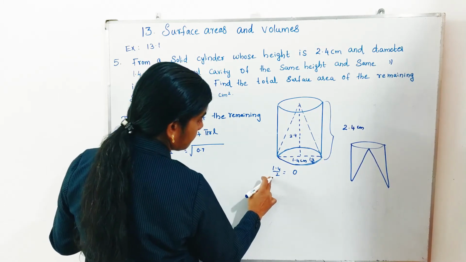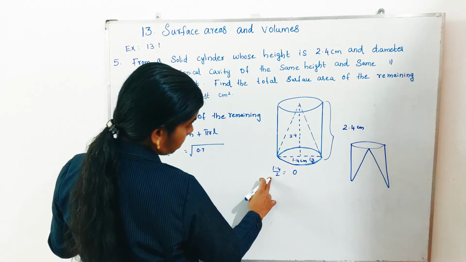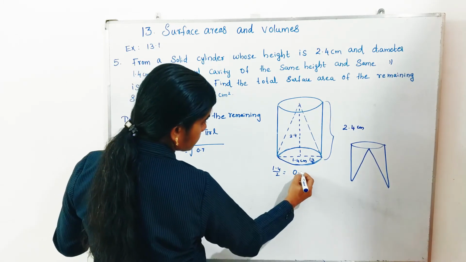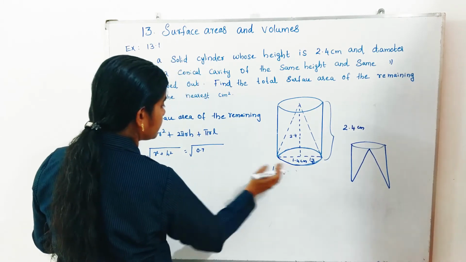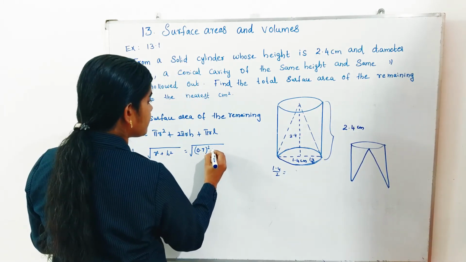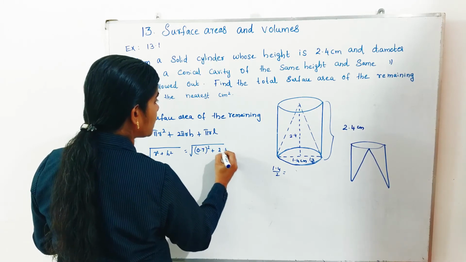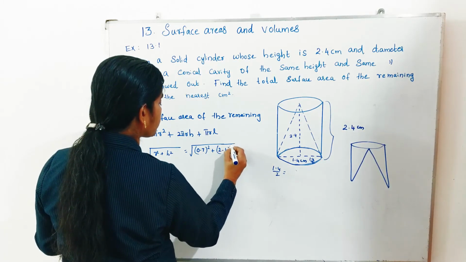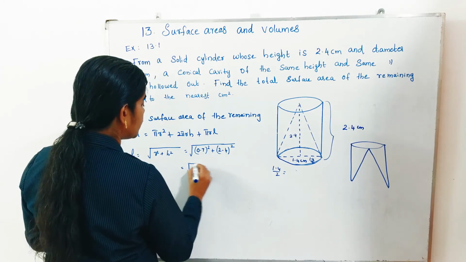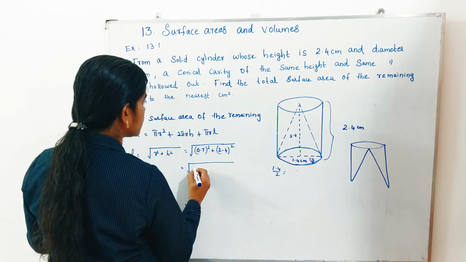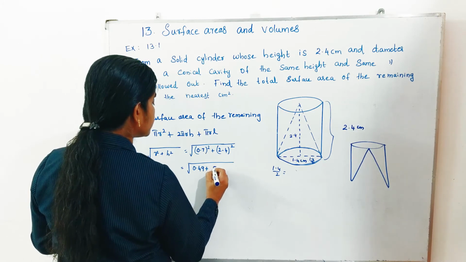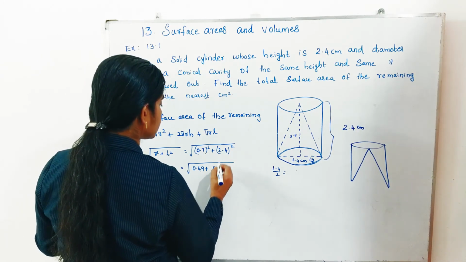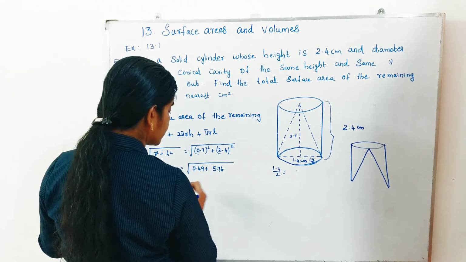It will be 0.7 whole square plus 2.4 whole square. That is root of 0.49 plus 5.76.